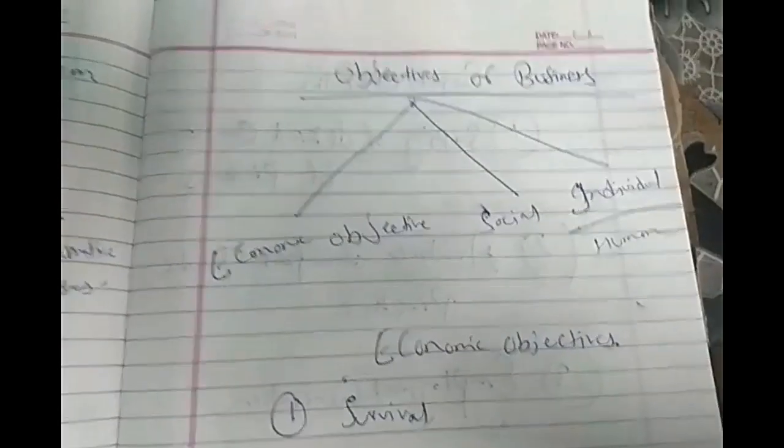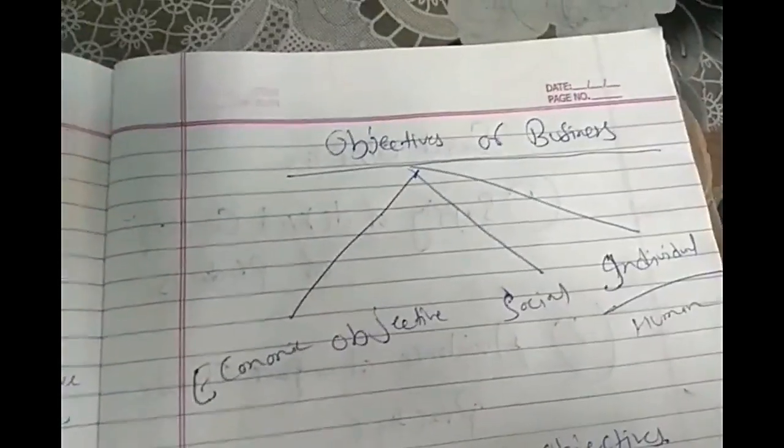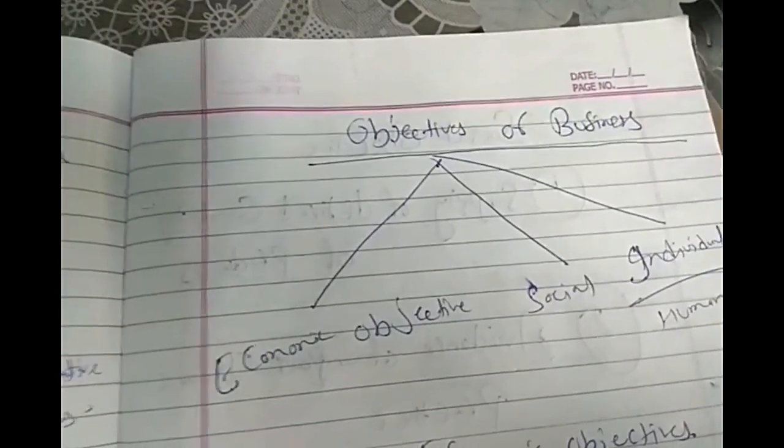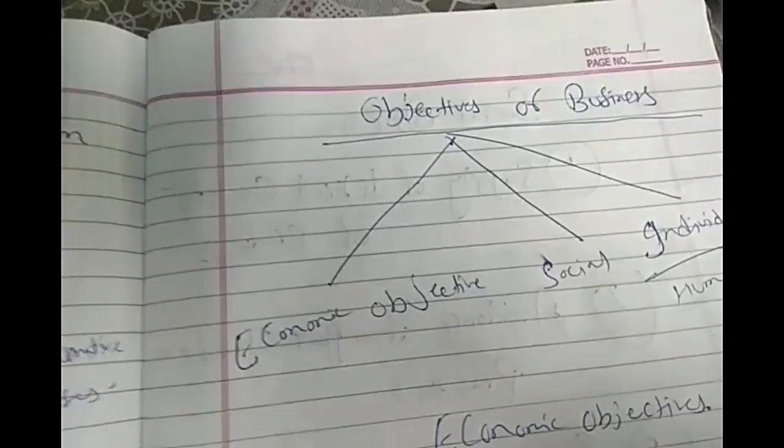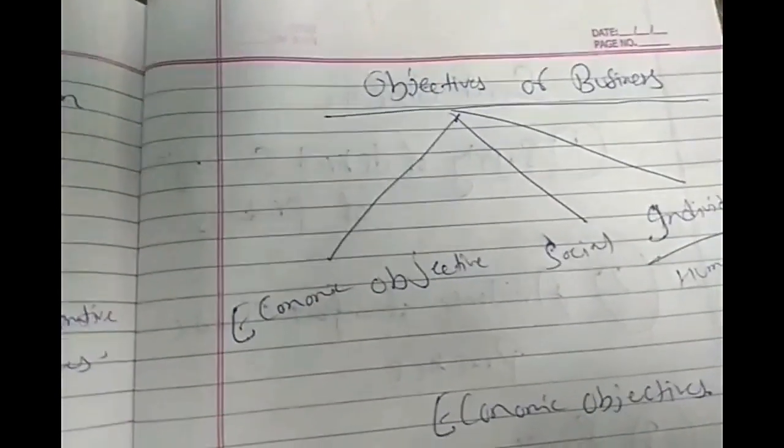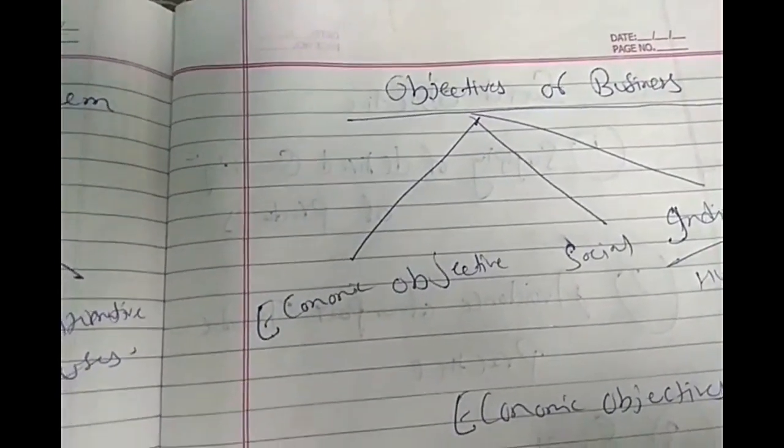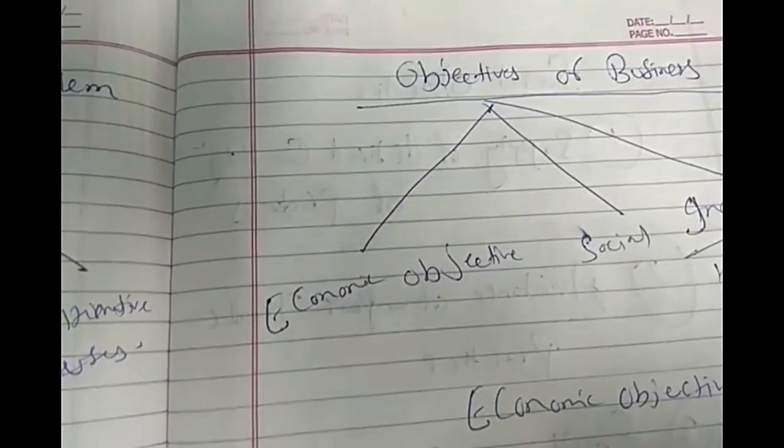Is that clear? Now I am going to tell you the next topic, that is objective of business. As you know, everyone has some type of objective. Employees join the firm with the objective that they should earn more income and fulfill their needs and wants. Why only needs?